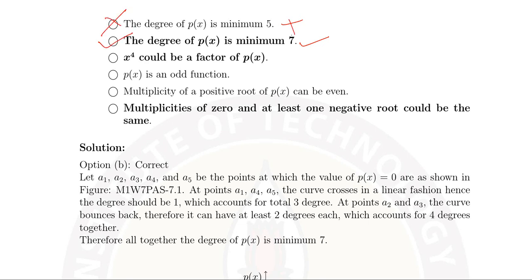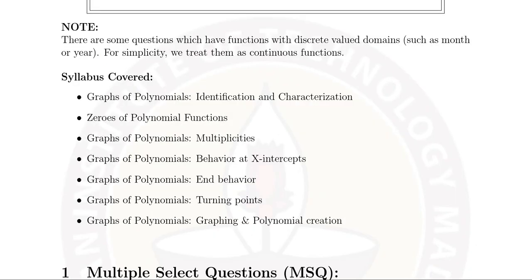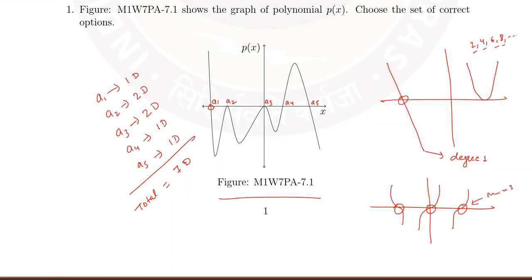Okay, so now let's see the next option given to us: x to the power of 4 could be a factor of p of x. If I take you to the same figure again, the option says x to the power of 4 can be one factor.